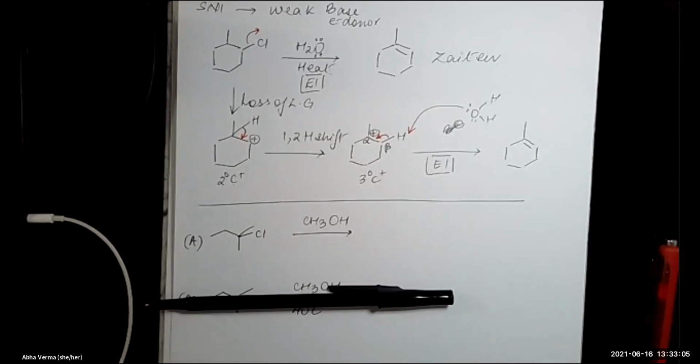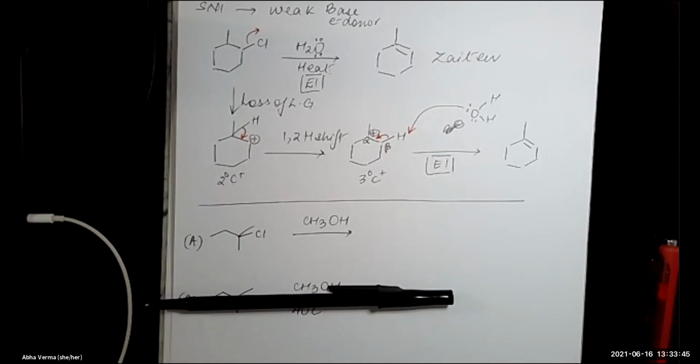Acid base will definitely compete with both eliminations and substitutions. If it can occur, it will definitely go ahead and occur. Followed by eliminations, because eliminations just need strong base. And a strong base, a strong electron donor, with a tertiary substrate will always give you E2, always. And E1 needs weak base with heat.